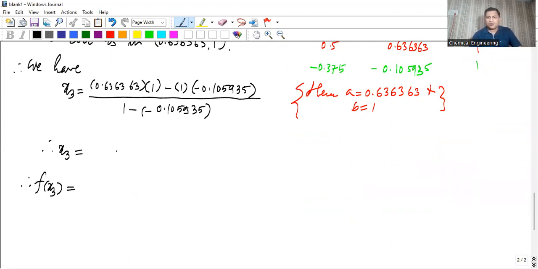So tell me what is the value of this x3? Only one person can tell me, and another can verify whether it is correct or not. It's 0.671195, right?